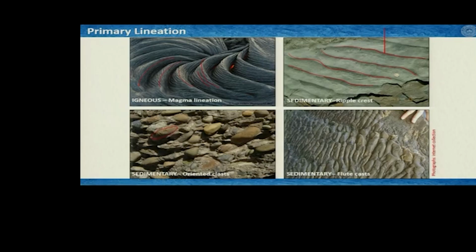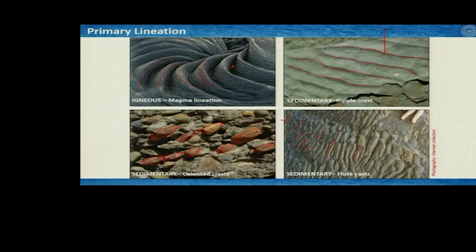If you consider all these clasts and statistically try to figure out their orientations, they give you a kind of lineation in the rock. And some sedimentary features like flute casts and so on, which you see in this illustration, are also considered a kind of primary lineation.